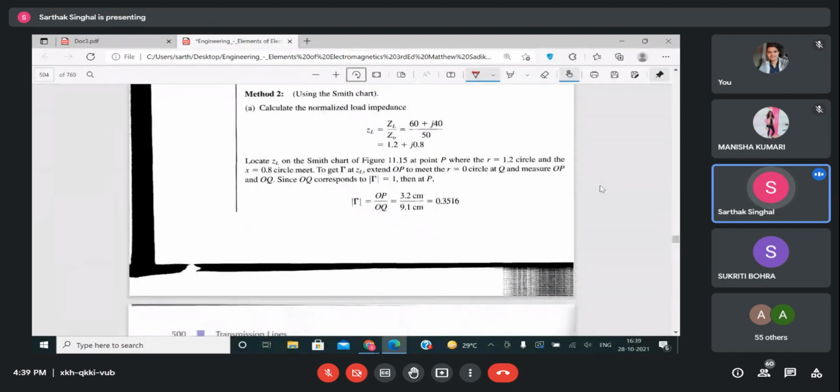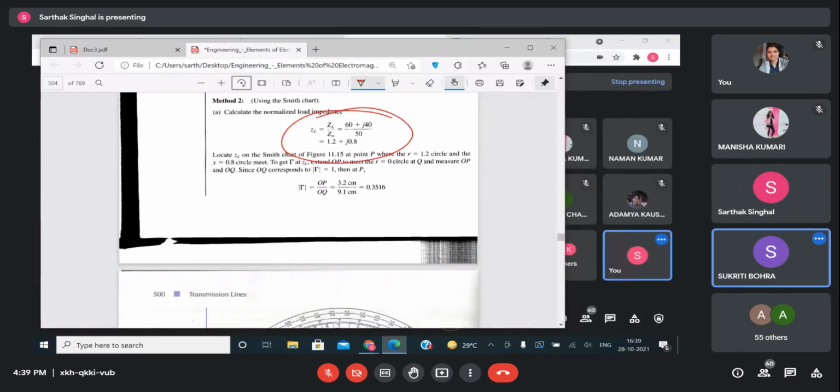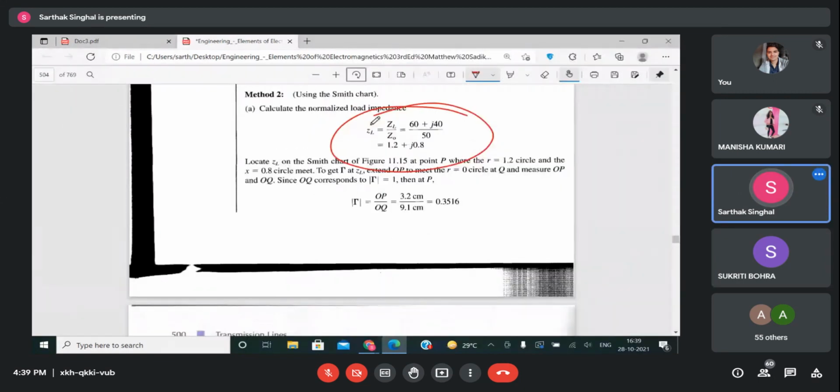So what is the first step? On the Smith chart, we were plotting the normalized load impedance. So first of all, we have calculated the normalized load impedance, right? So this value we have got.